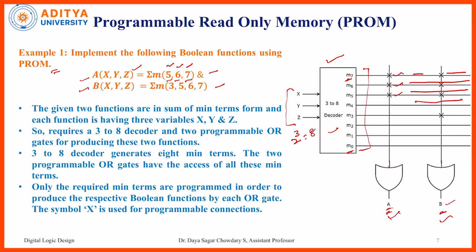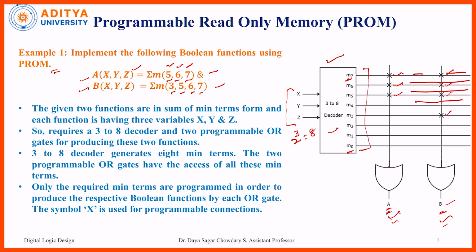For B, this is 3, 5, 6, 7. That means we have to use the fuse at 3, that is M3, and 5, M5, and 6, M6, and 7, M7. These are the min terms for this B Boolean expression. So we can get the outputs A and B like this.